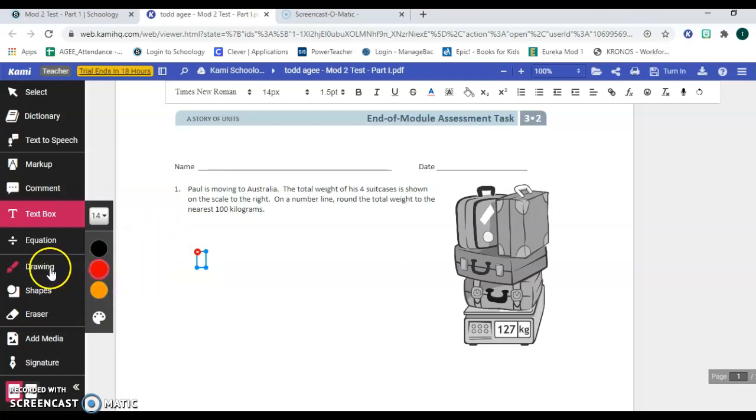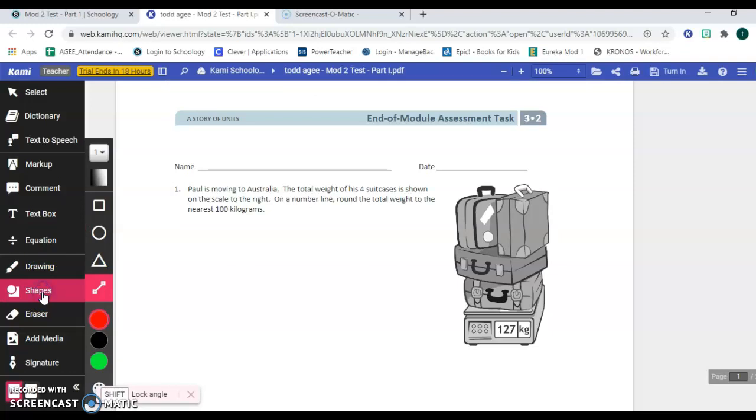So I'll draw a picture of what that rounding tool looks like, just to model for you what my expectation is. I'm going to use this insert line tool, and I'm going to draw a straight up and down line like this. They give me plenty of space to do it. My job now is going to be to mark the 100 that's above the weight on the scale.